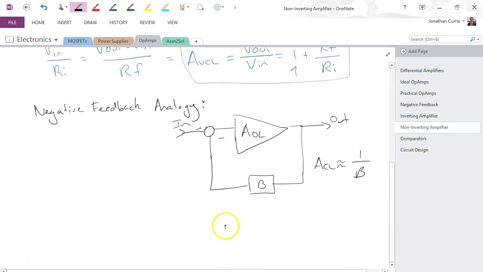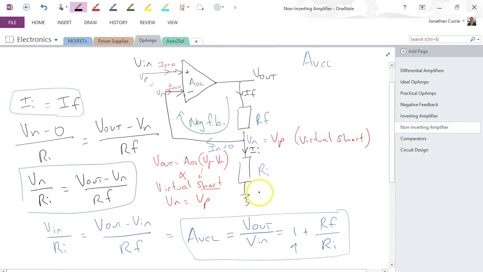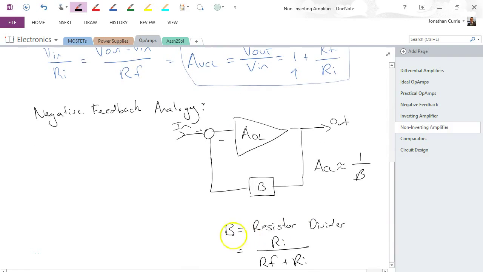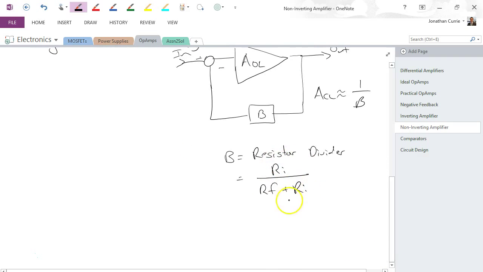Noting that beta is merely a resistor divider, which for our circuit is the voltage across Ri. Remember beta is just the fraction taken of the output and subtracted from the input. So we can say it is equal to this expression here.